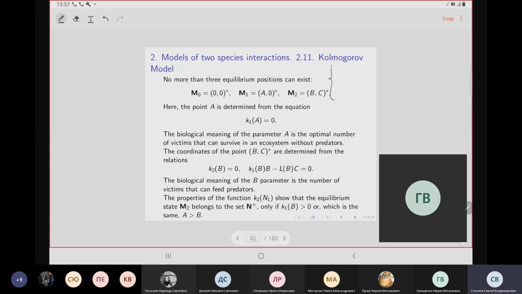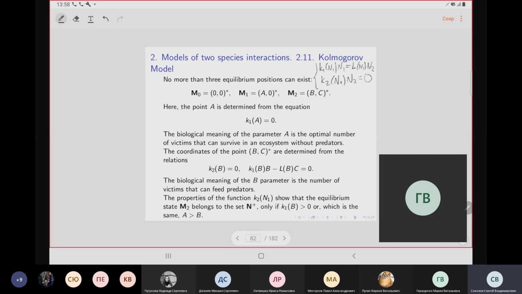We are solving the equation k1 of n1 minus L of n1 n2, and k2 of n1 n2 is 0.